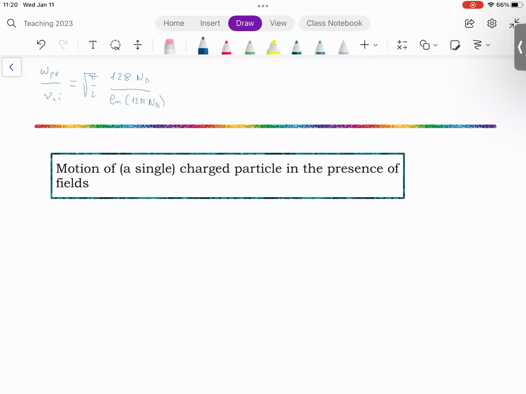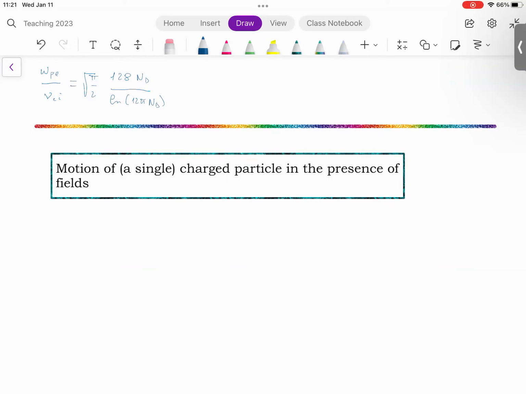That is, in fact, the case, but we're going to start from the building blocks of our understanding of plasmas, and we're going to look only at the motion of a single particle, and let's assume that electric and magnetic fields are given, and there is only one particle.